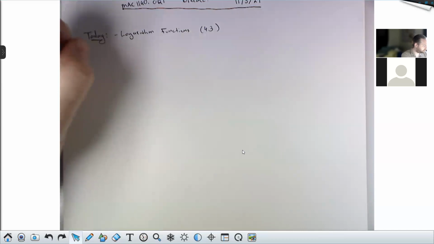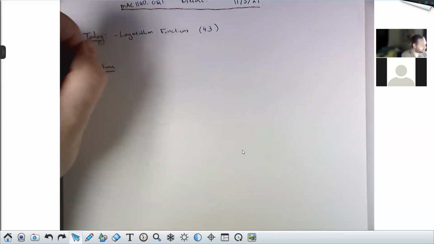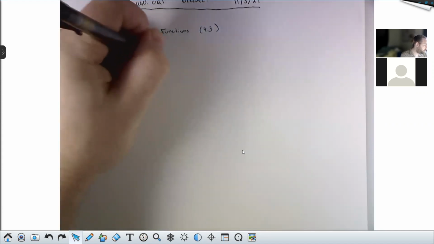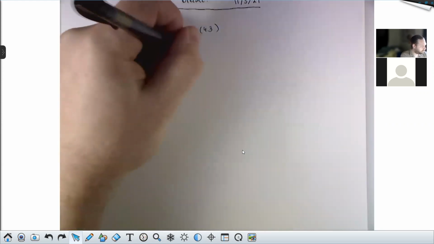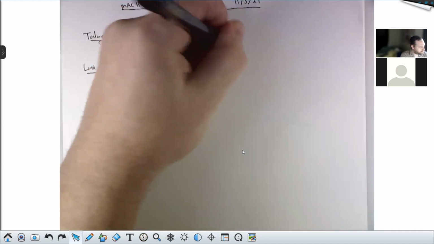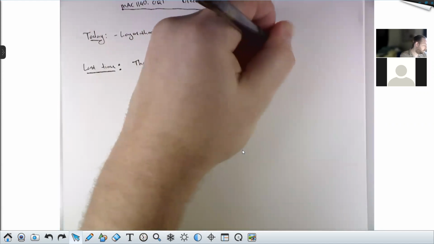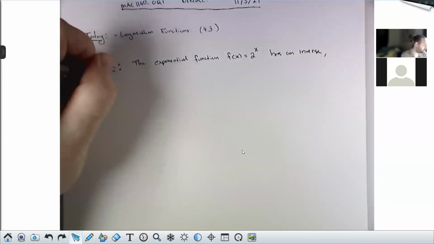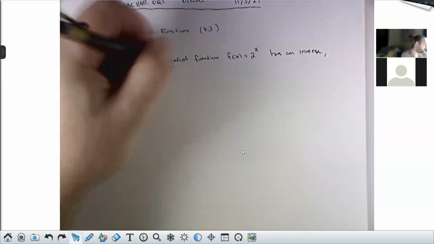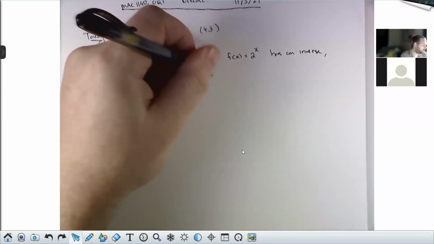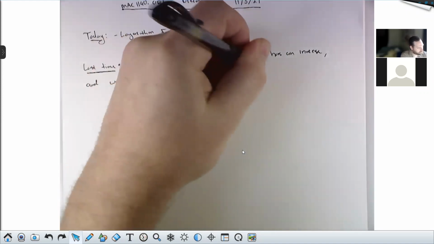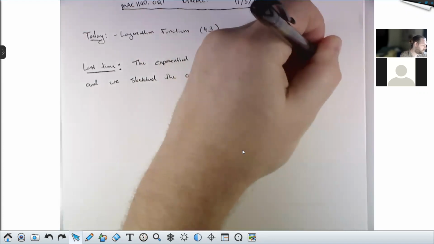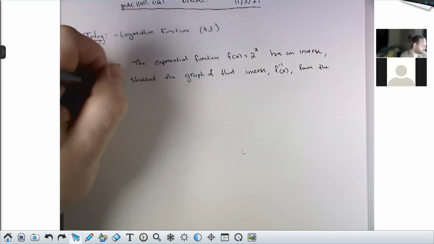So last time, we saw, among other things, that the exponential function f of x equals 2 to the x has an inverse, and we sketched the graph of that inverse from the graph of f of x.